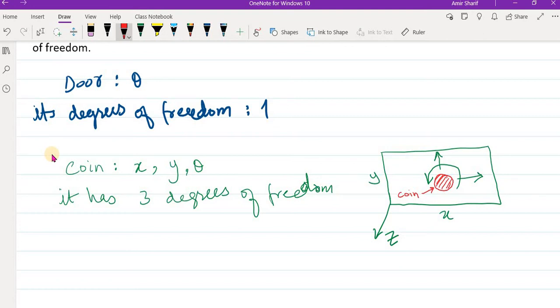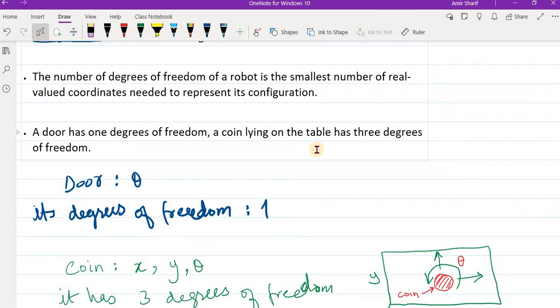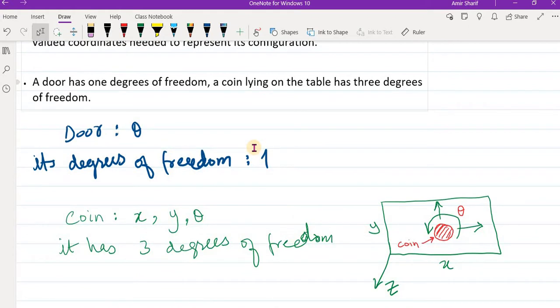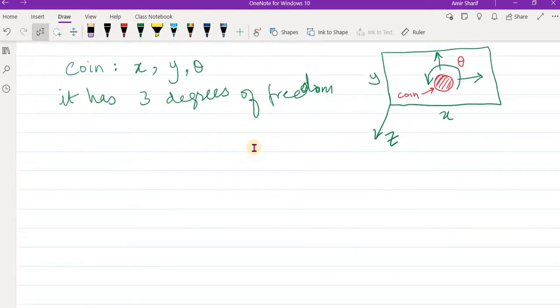It can move along the y-axis, which is a second degree of freedom, and it can rotate about the z-axis with angle theta, so it has a third degree of freedom also. But in the case of the door, it has only one configuration, so it has only 1 degree of freedom. It can only rotate. Now let's see the third example. The third example is not written here, but we can see the degrees of freedom of a two-link robotic arm.